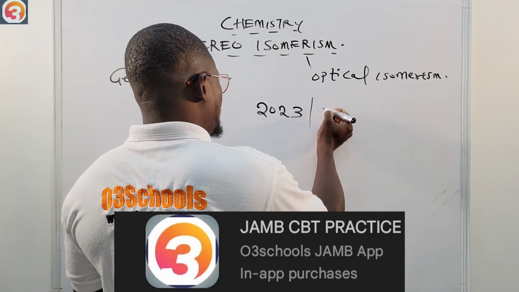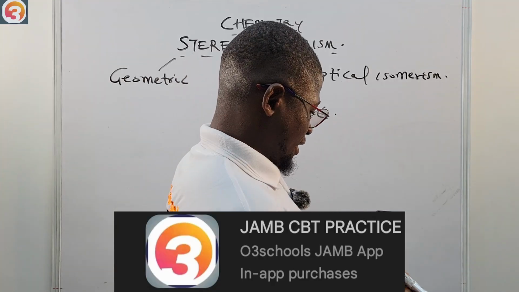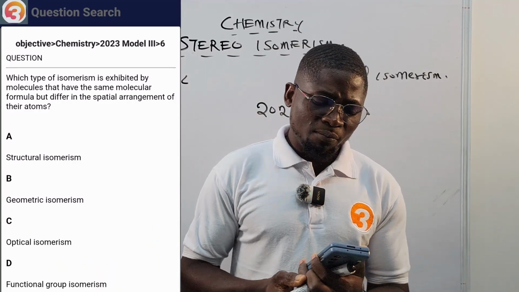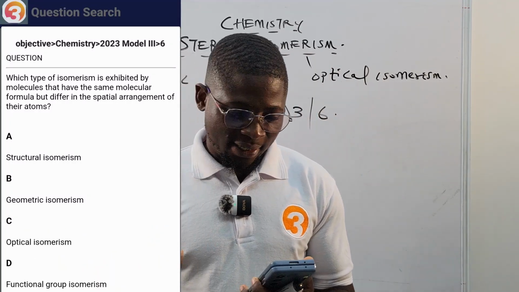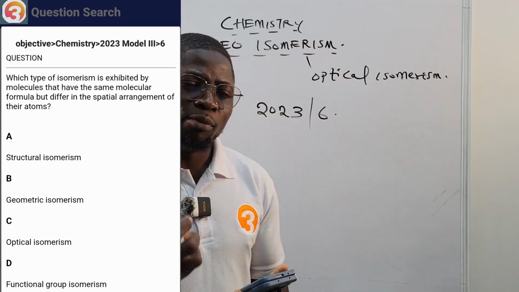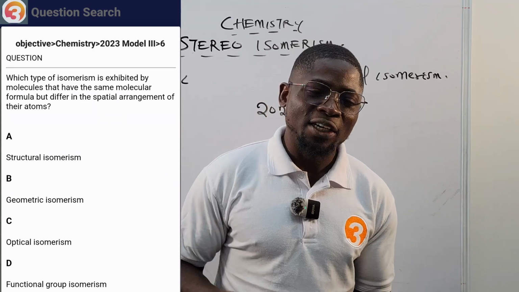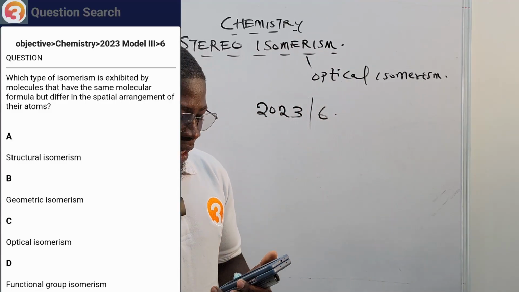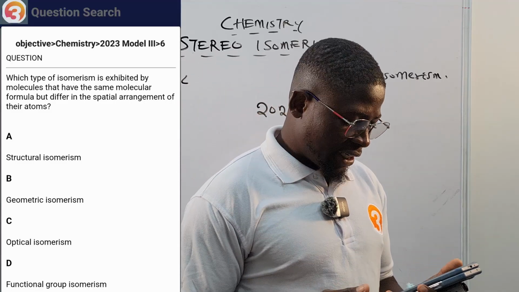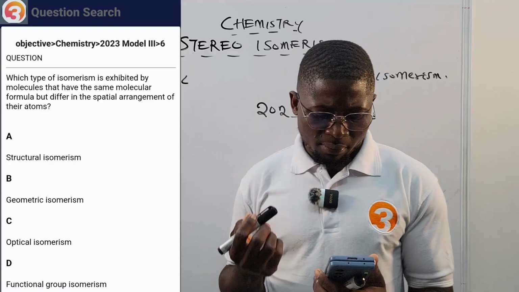2023 question number 6. Which type of isomerism is exhibited by molecules that have the same molecular formula but differ in the spatial arrangement of their atoms? A, structural isomerism. B, geometric isomerism.